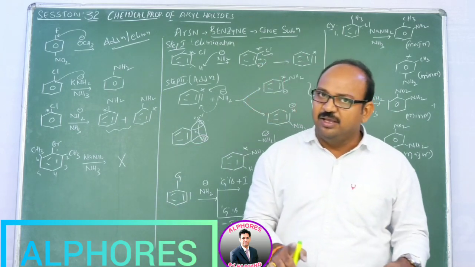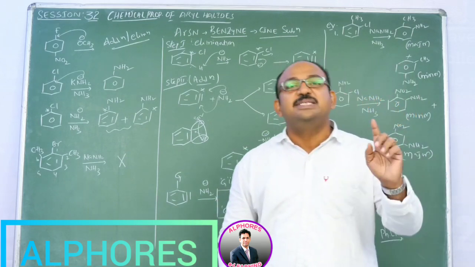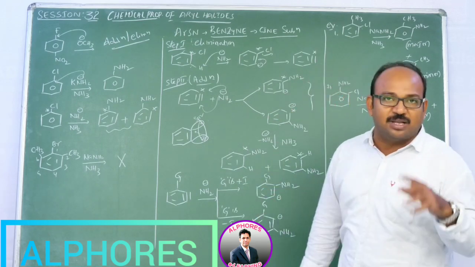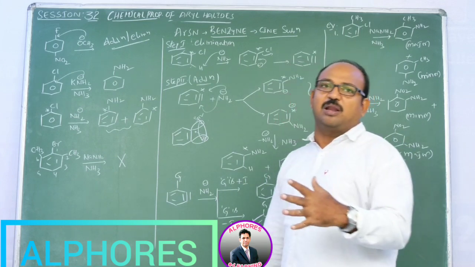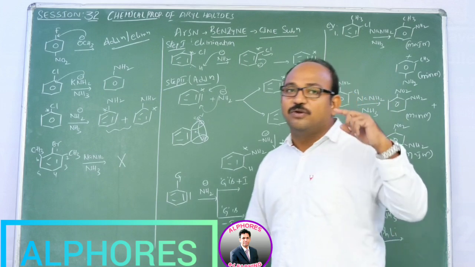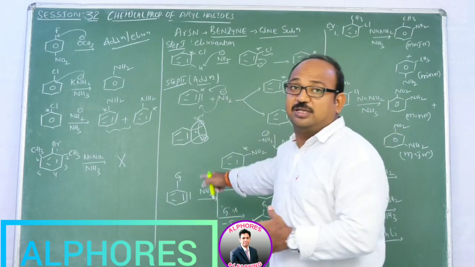So benzyne is aromatic. In benzyne, the newly formed bond is not formed by overlapping of pure p orbitals; it is formed by overlap of sp2 hybrid orbitals, right?